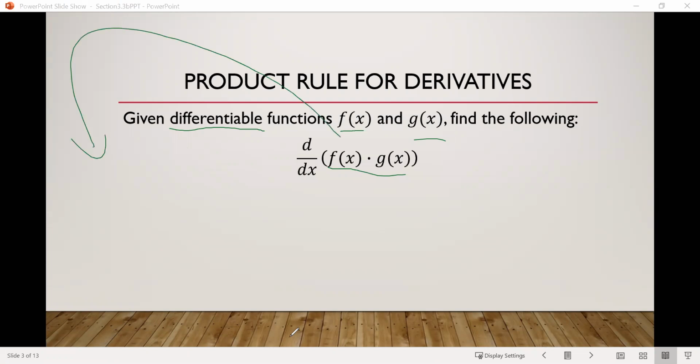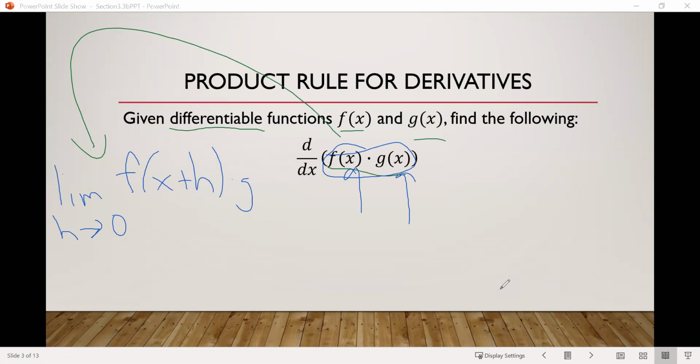So let's use the limit definition here. And as we do this, keep in mind that our function here, even though it's the product of two functions, the function we're looking at is f of x times g of x. So we know that the limit definition says we take the limit as h approaches 0. We evaluate our function at x plus h. So we plug that in everywhere we see x, which we can do for both of these. So we'll have f of x plus h times g of x plus h.